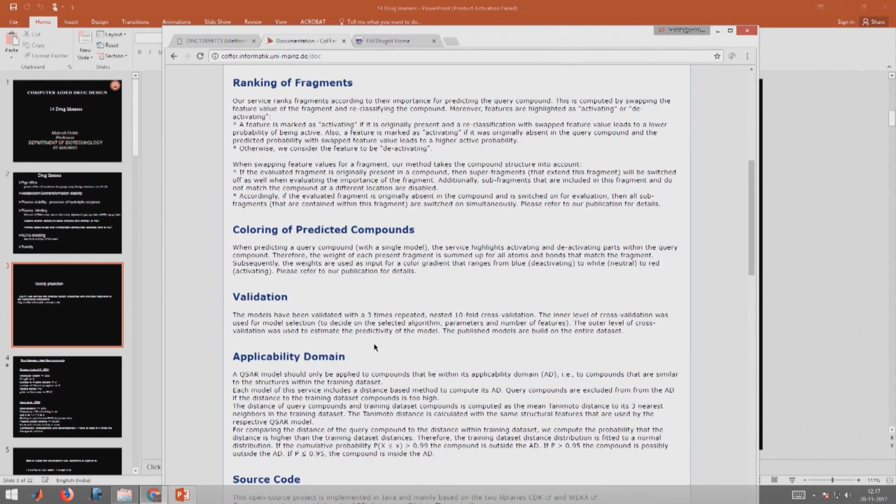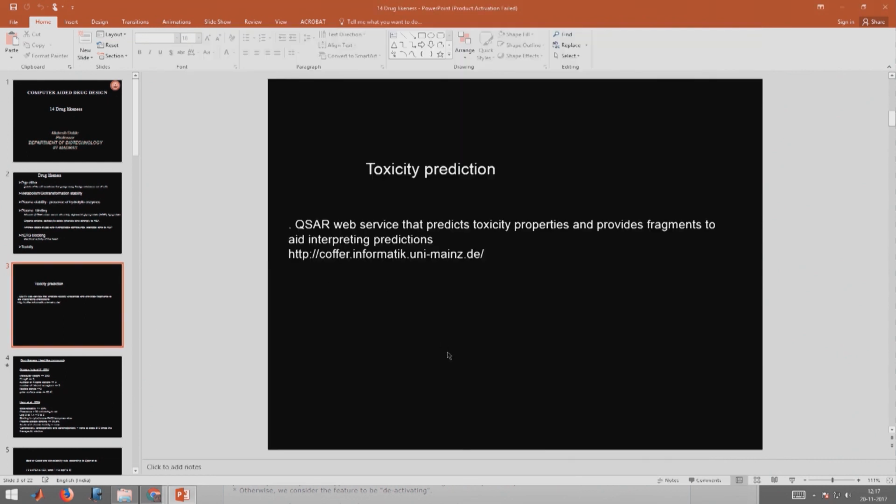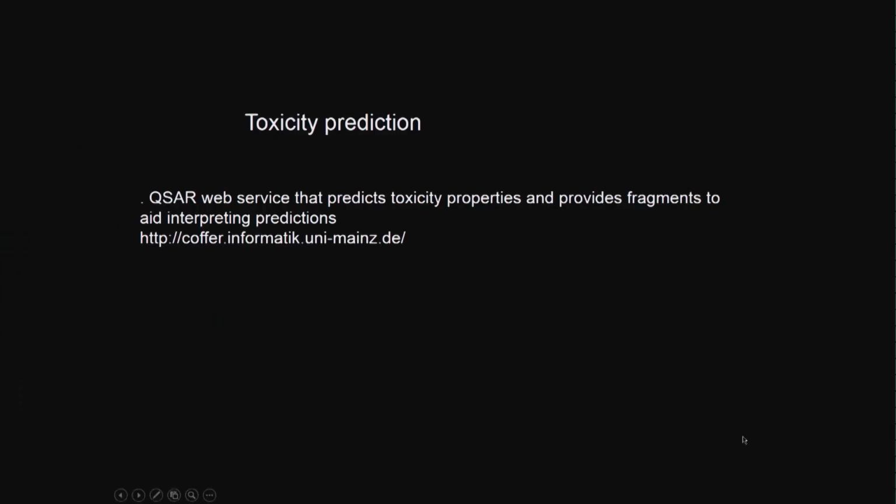So it not only looks at the whole compound, it looks at the fragments that could form from that particular compound, and then tries to predict the properties of those fragments. So this is a useful tool, and there are many toxicity predicting tools available online free of charge. So you can check out your compound also.